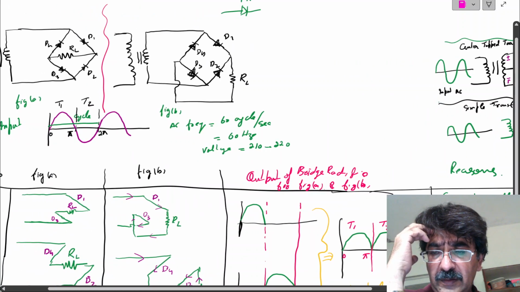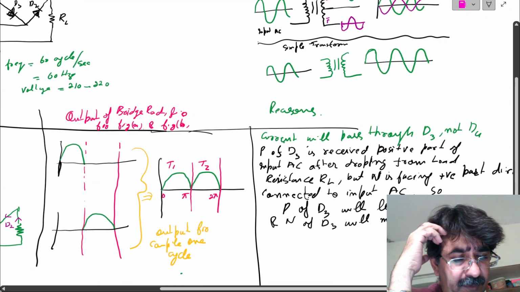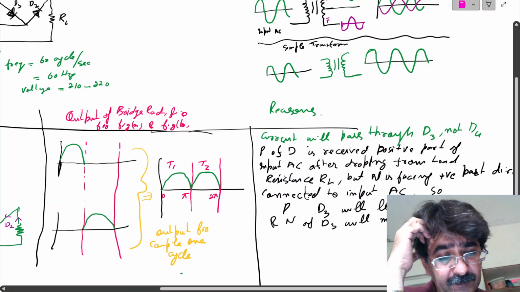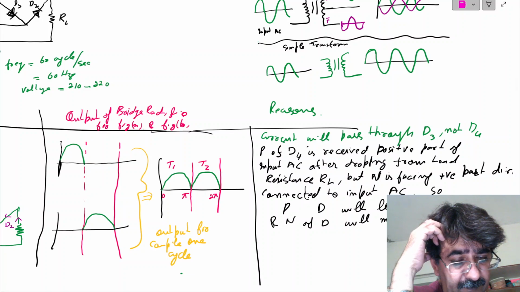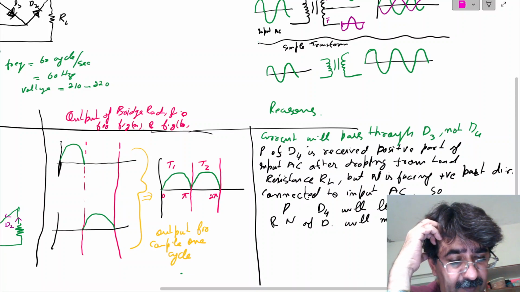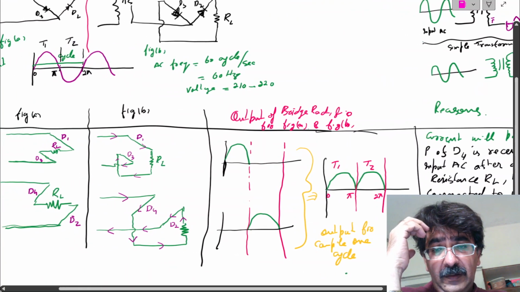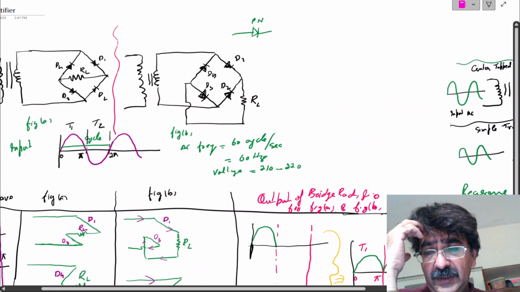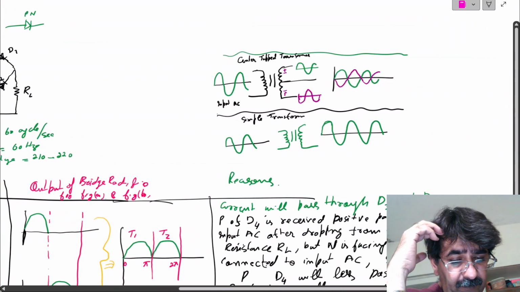So this D4 will behave like a reverse bias. Sorry, that is not D3, that is D4. So D4 will be reverse biased for both circuits.